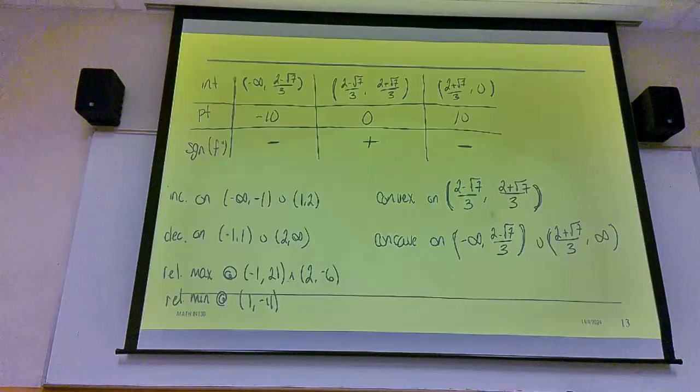Do we have inflection points? How many? Two. What is f of that?